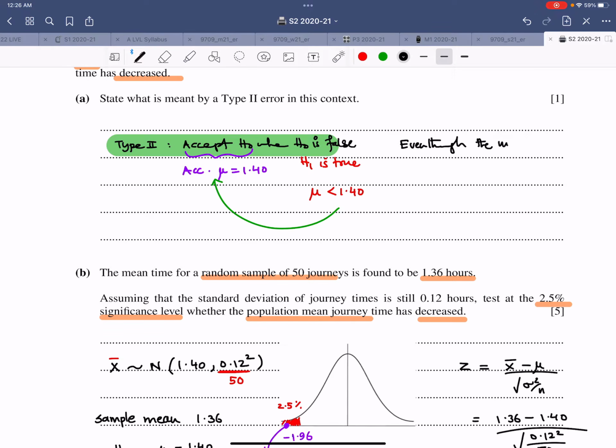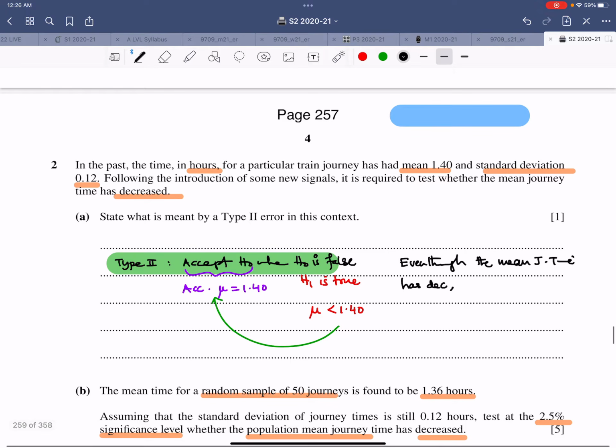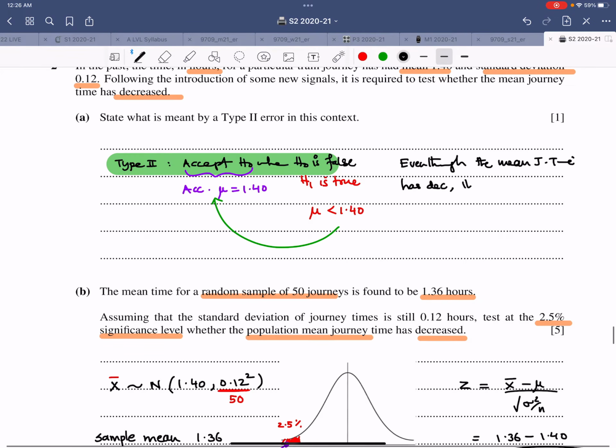the mean journey time has decreased, the management, or whoever is in charge, is wrongly concluding that it has not.